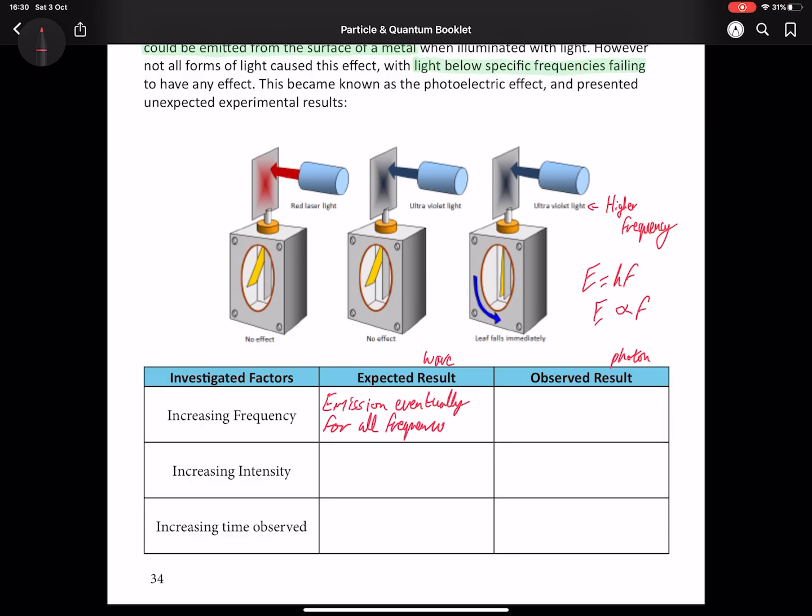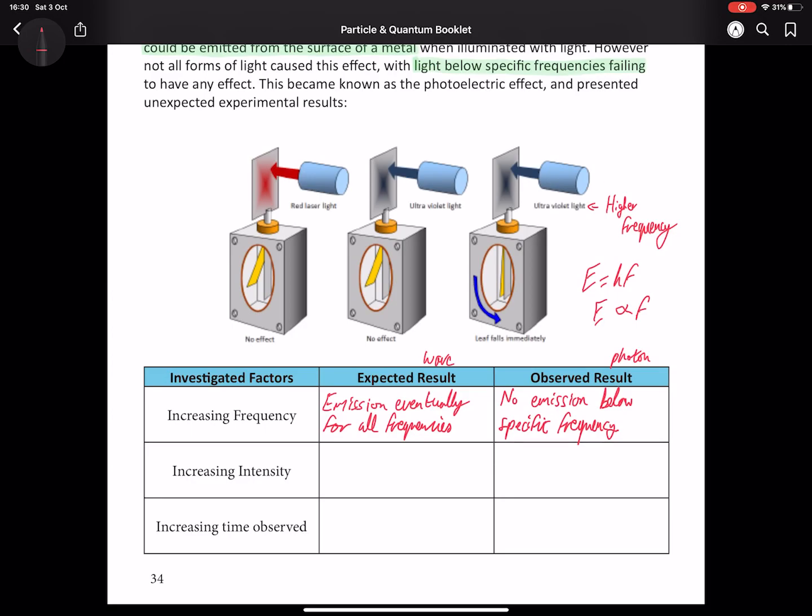So it would eventually work for anything. So it just changed how long it took. But in reality, as we've already discussed, there were no emissions below a specific frequency. So this was quite a standout observation.